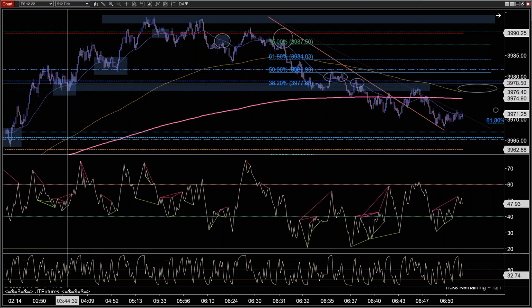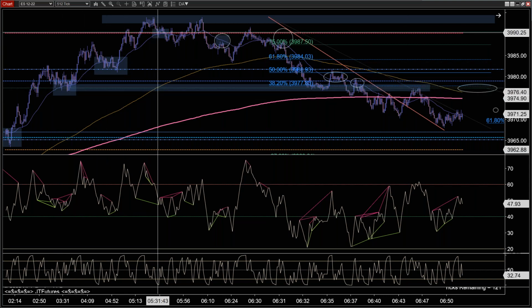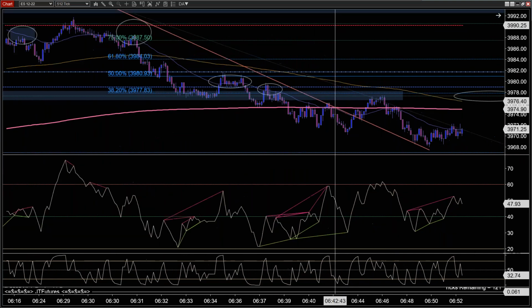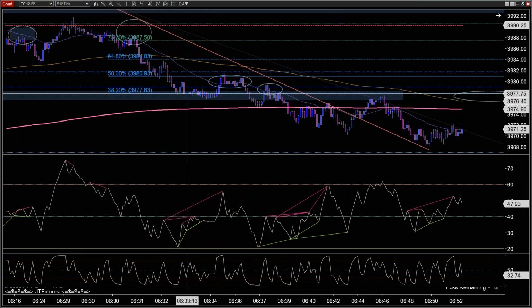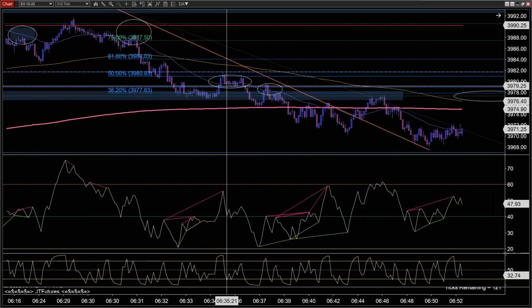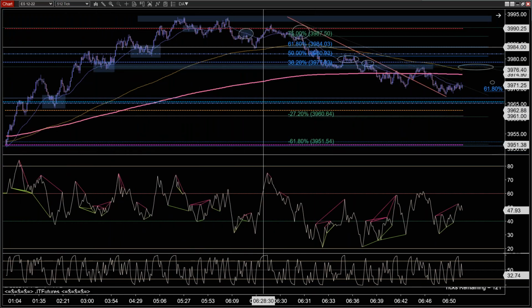Market came down, held on 3 tests, and then even though it did advance up about 20 points in the overnight session, when it did come back down, found support right off that level for 1, 2, 3 tests and bounced back up again. So we've got a level that makes sense from a support perspective.